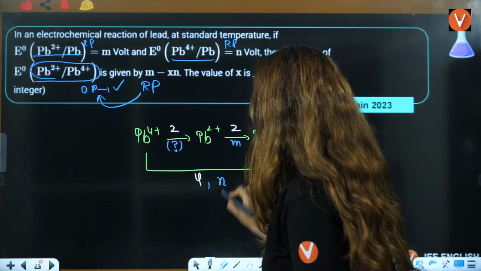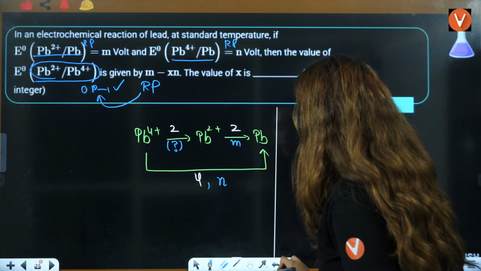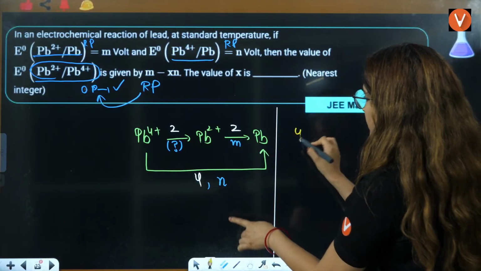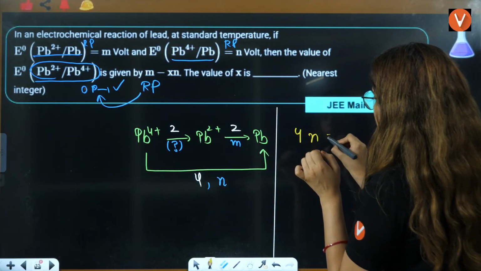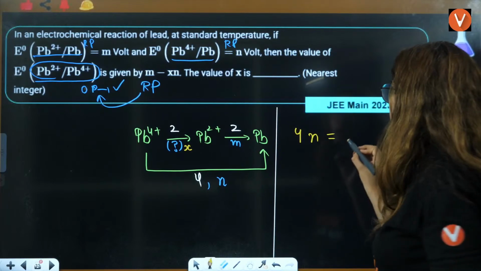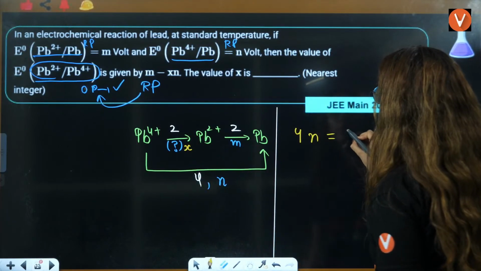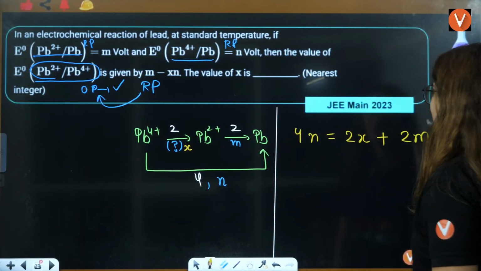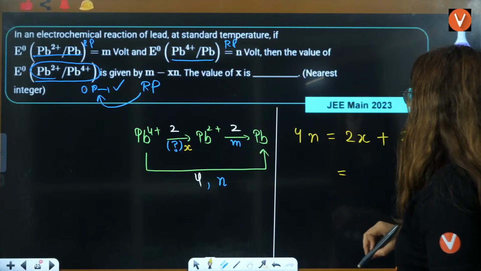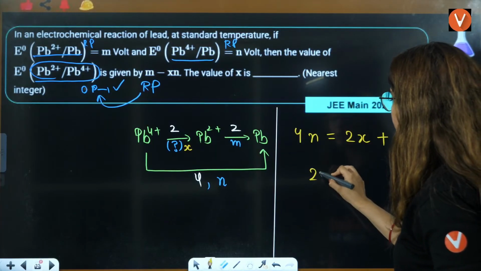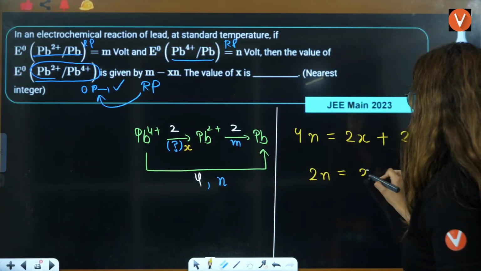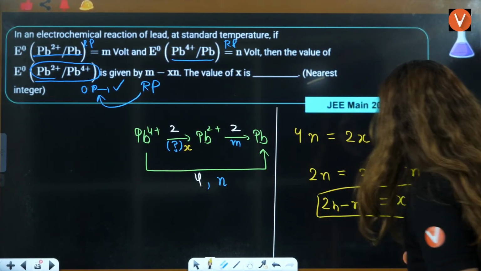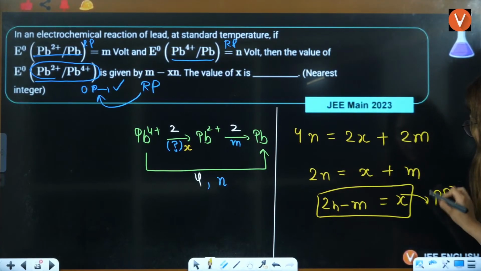This is given to be N. Now, if you solve this here, we know that ΔG3 is ΔG of the 4 positive to 0 step, so this is 2 into X plus 2 into M. Very simple, right? So, how do you calculate it? Divide it by 2, it will be 2N minus M. This will be X. That is 2N minus M. This is the value of reduction potential.